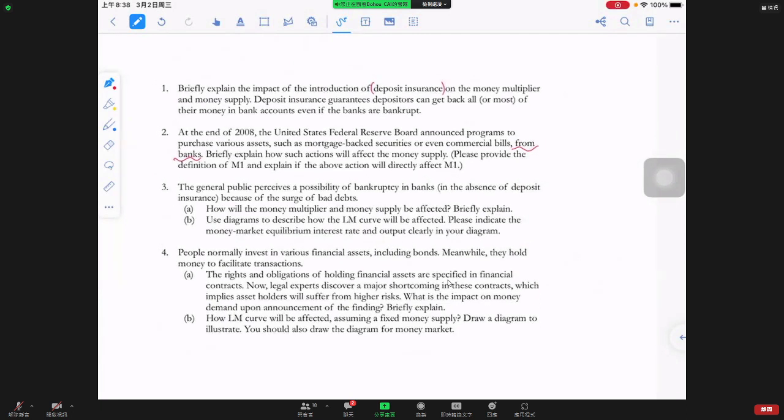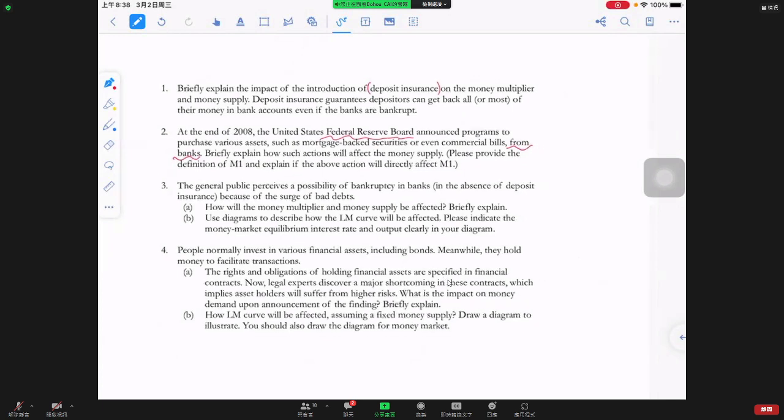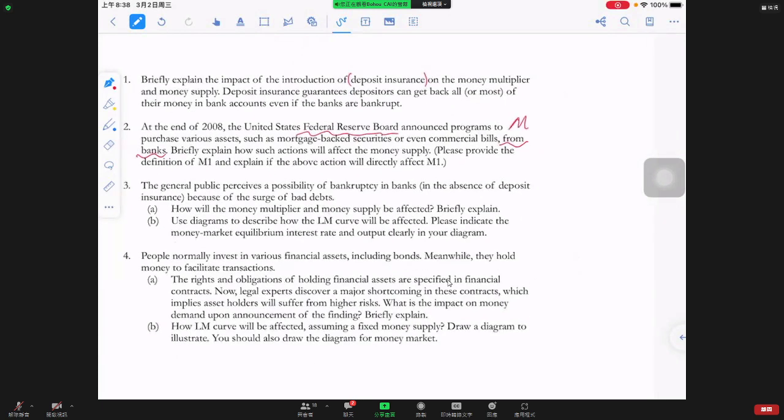So first, you should know what this action means, right? This action is by the Federal Reserve Board, the Central Bank of the United States, right? So this action is actually an OMO, an open market operation, right?